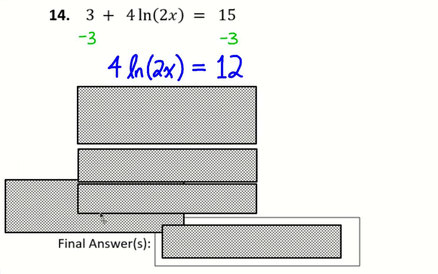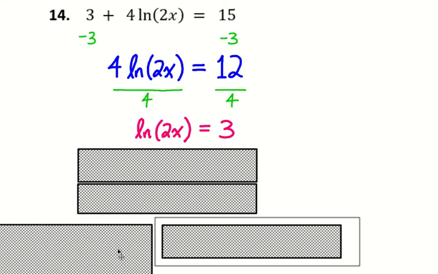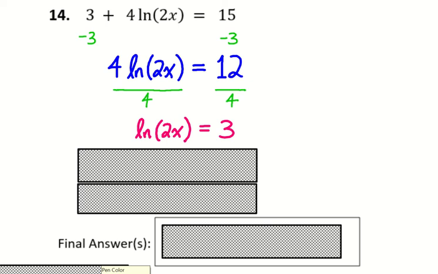So the first thing is to subtract 3 from the left side, so it becomes 12. I still can't convert this with the 4 out in front, so we also have to divide both sides by 4, and the right side becomes 3. Now we can convert to exponential form.